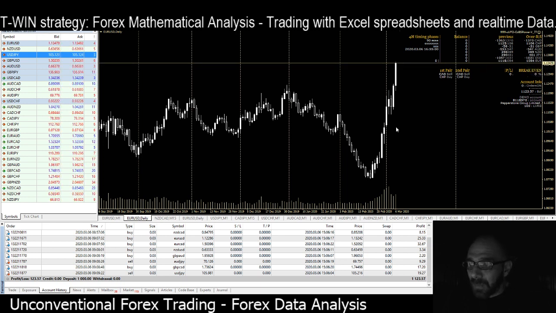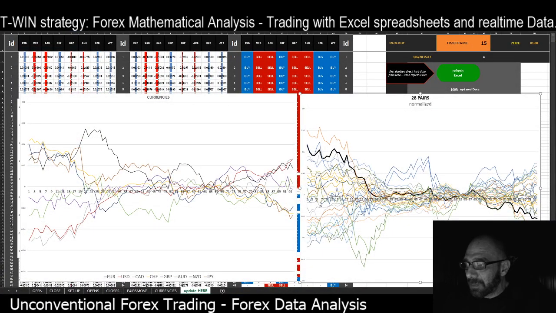I'm showing you here. Basically, this is the development of the day, always reading right to left. So here we have the currencies, and here we have the 28 pairs normalized.